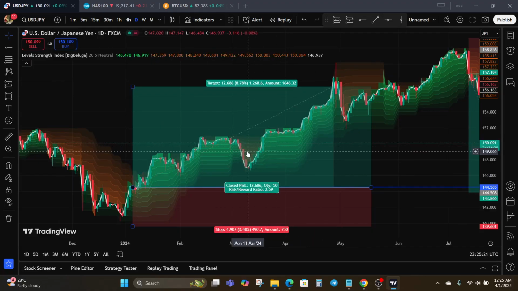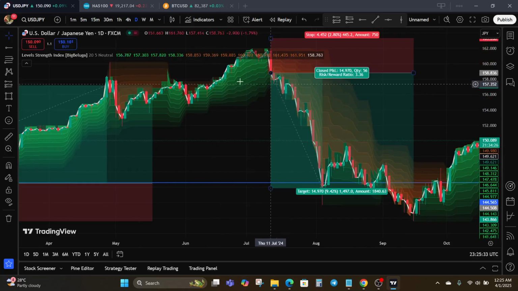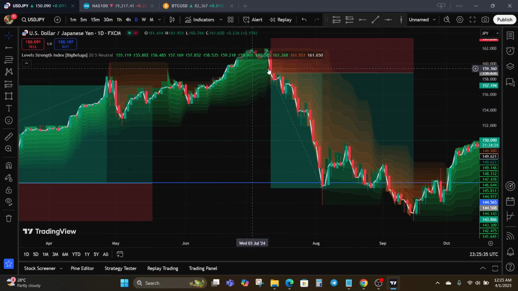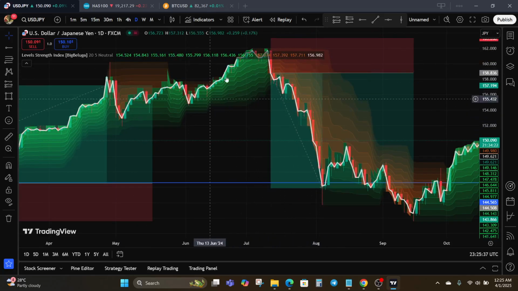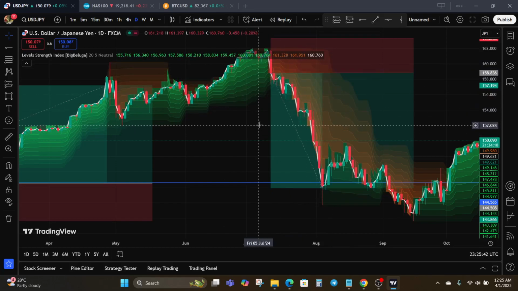For example, if you are a long-term trader and you notice that the shaded area is still green, you can just maintain your buy trade until a reversal signal occurs, until the area shaded green turns into red. Okay, so that brings us to the reversal signals.